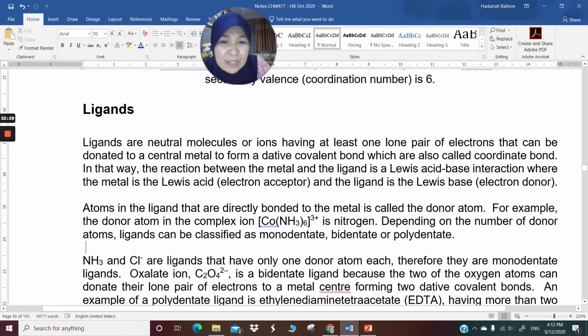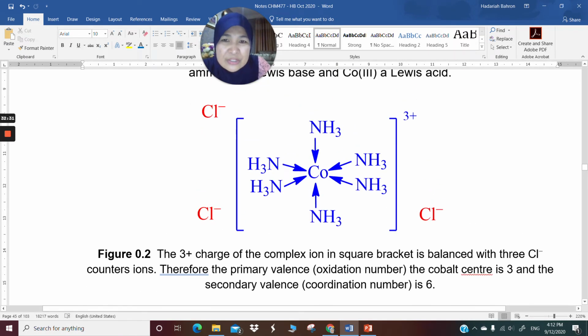Okay, I'll leave this for a while, but I want to concentrate on this picture. The arrow means that the shared electrons come from one source, which is in this case nitrogen. So that is why in this diagram you have an arrow coming from nitrogen to cobalt.